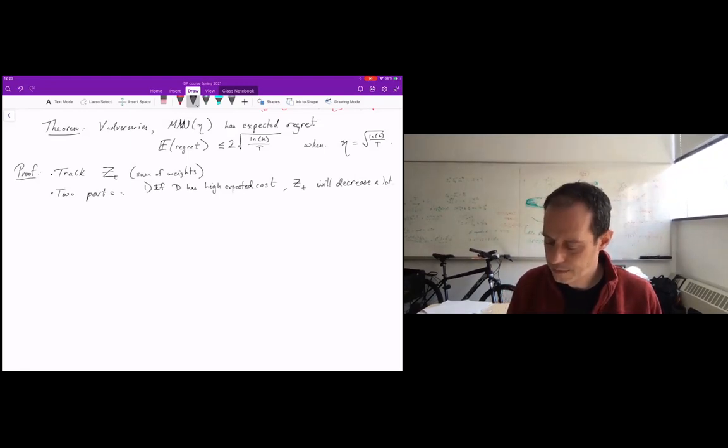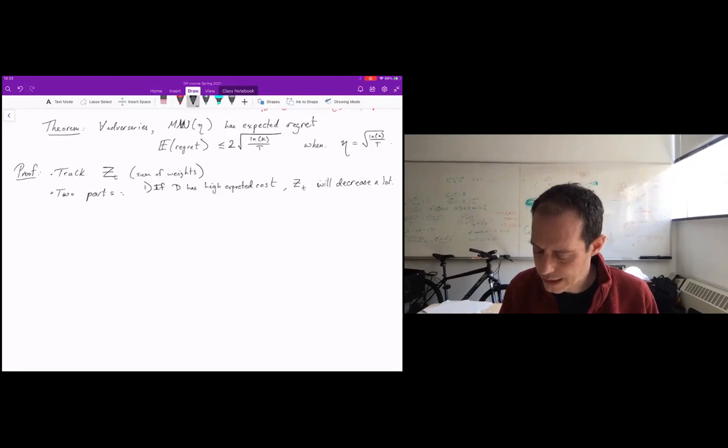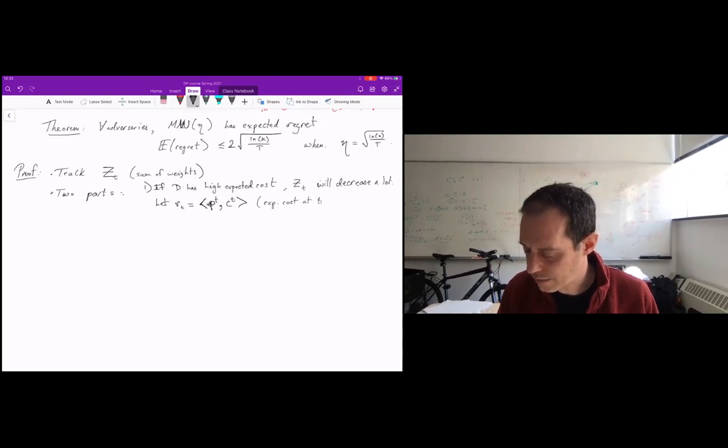Okay. So specifically, we can let V_t be the expected cost at time t. So that's this inner product. This is the expected cost at time t conditioned on whatever happened before.